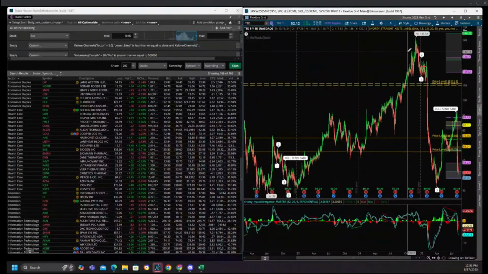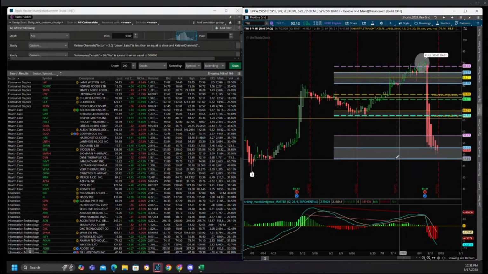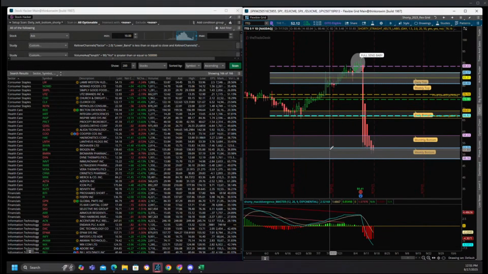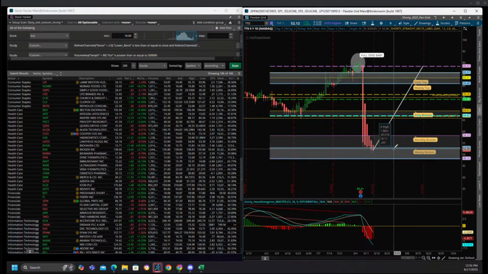I actually would not mind buying this. Not heavily, judge your own investments, but I'll probably put in 50 and see how it does. It really could yield a nice return from here, probably back to this, which is offering you about 70%. So this is not bad. We'll add this one to my list.